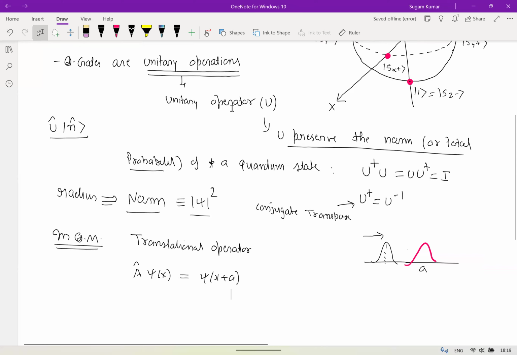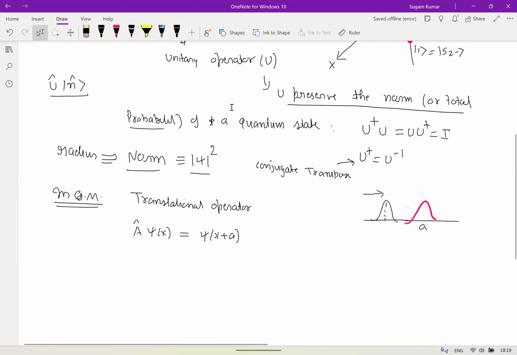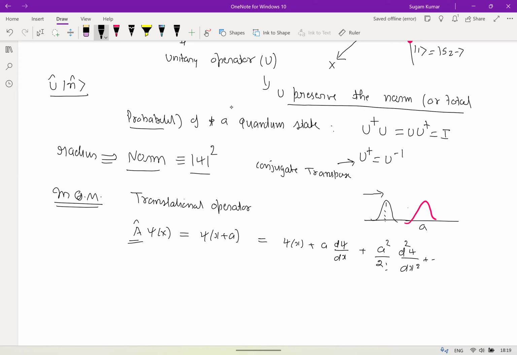Now, I can prove that this operator is a unitary operator. I think this is a graduate level problem, an MSc problem; you must have done this. When you do a Taylor expansion of this function, I can write psi(x) plus a times d psi by dx plus a squared by 2 factorial times d squared psi upon dx squared and so on.